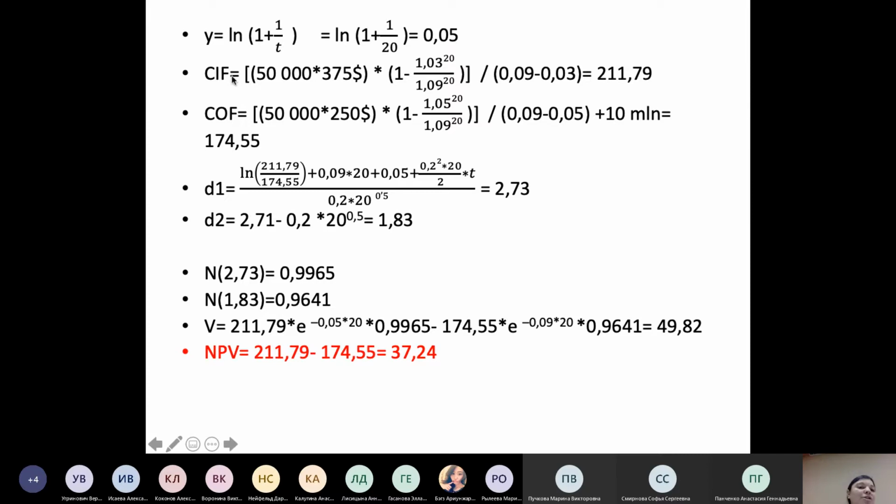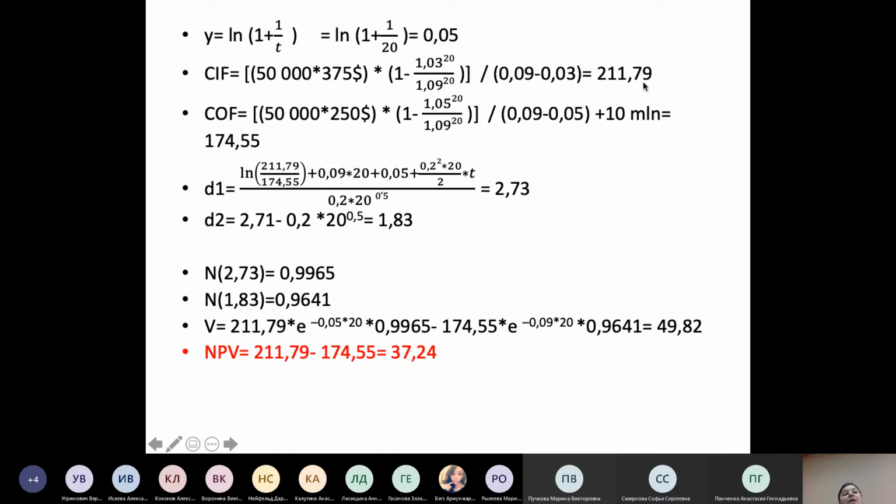In other words, our cash inflows: 50,000, multiply 375, multiply (1 minus ((1 plus 3%) to the extent 20, divided by (1 plus 9%) to the extent 20)), divided by (cost of capital minus our growth).